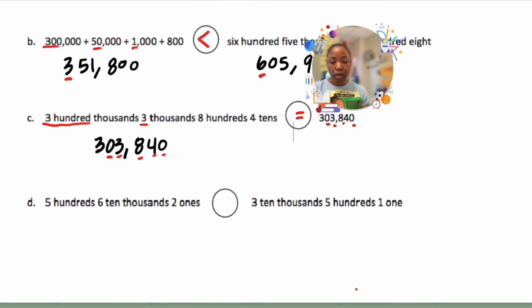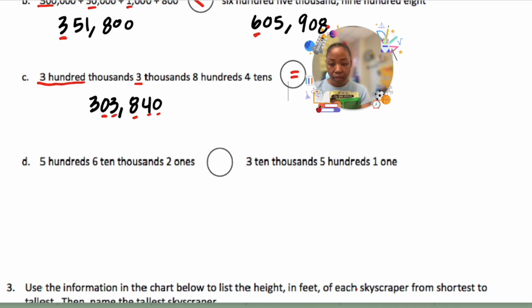For the next one, we have 500, 6 10,000s, and 2 ones. So they're trying to throw you off, putting these out of order. Let's do the thousands family first. We have 6 10,000s, that's 60,000. Then we have 500 and 2 ones.